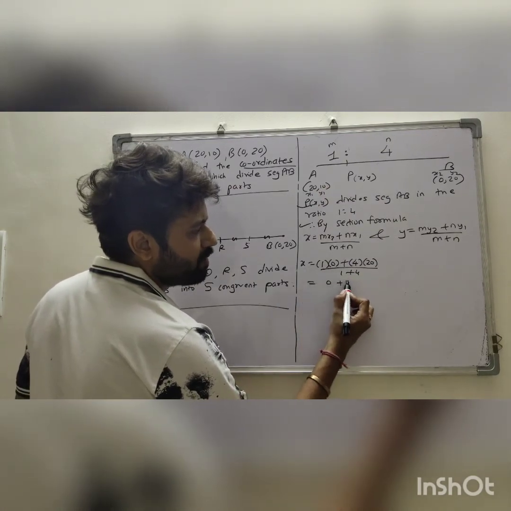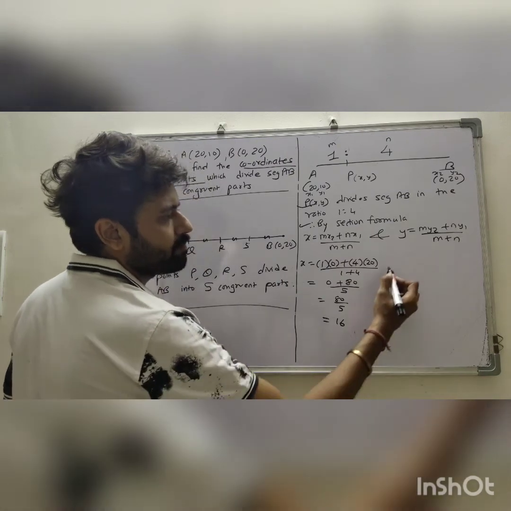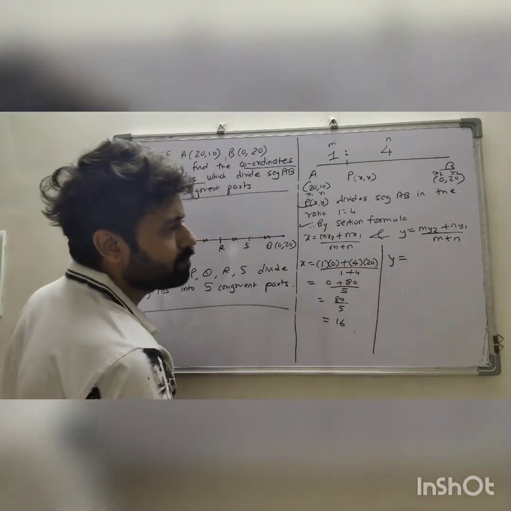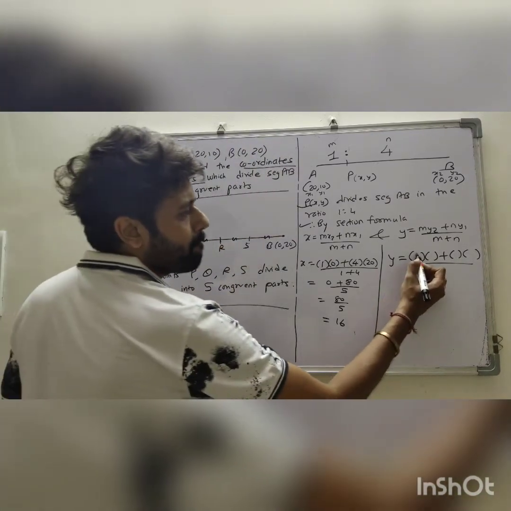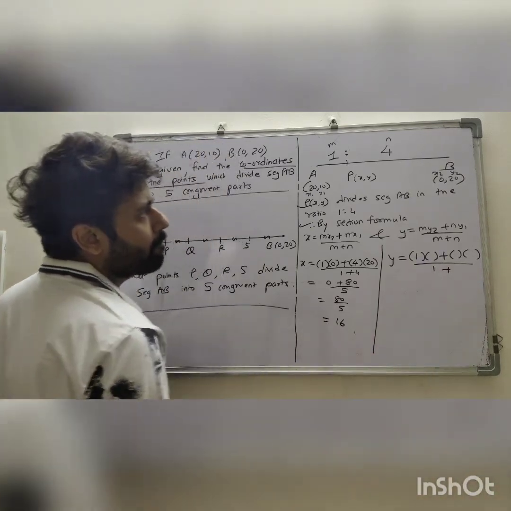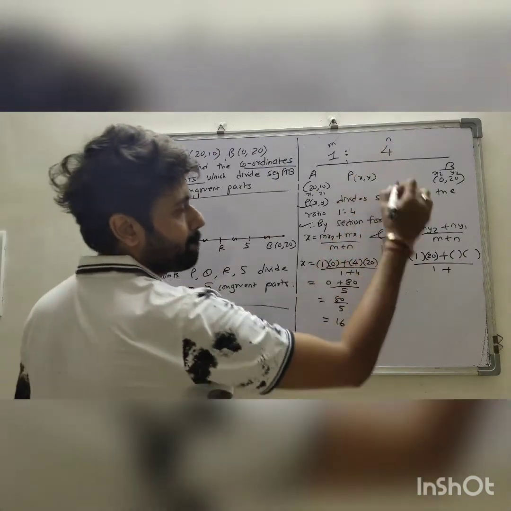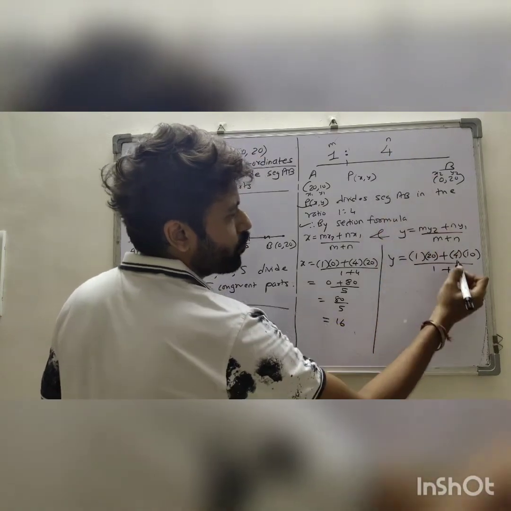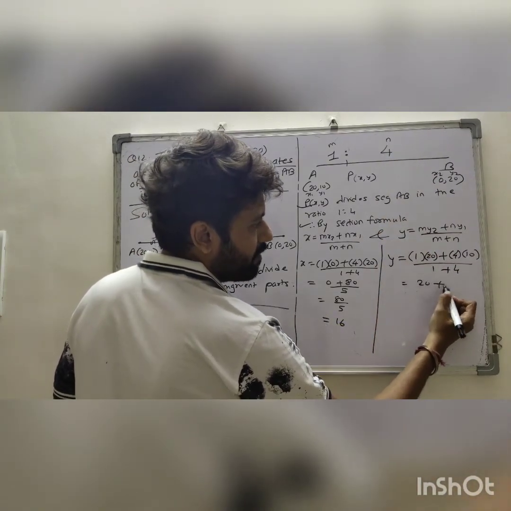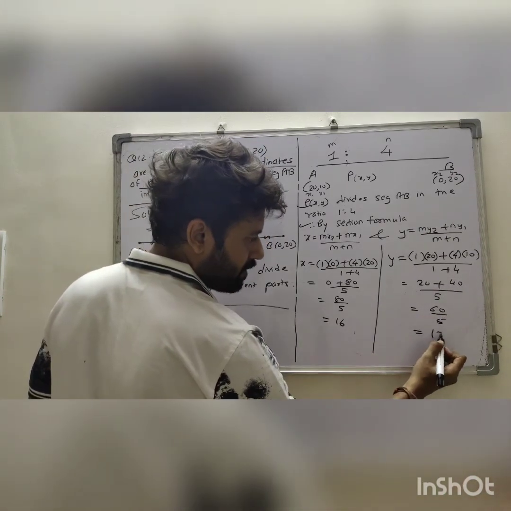1 into 0, 0 plus 20 into 4, 80 upon 5. 0 plus 80 is 80, 80 upon 5 is 16. We get y is equals to my2 plus ny1 upon m plus n, y2 is 20, m is 1, y1 that is 10, n is 4, 20 ones are 20, 4 tens are 40 upon 5, 60 upon 5, 12.